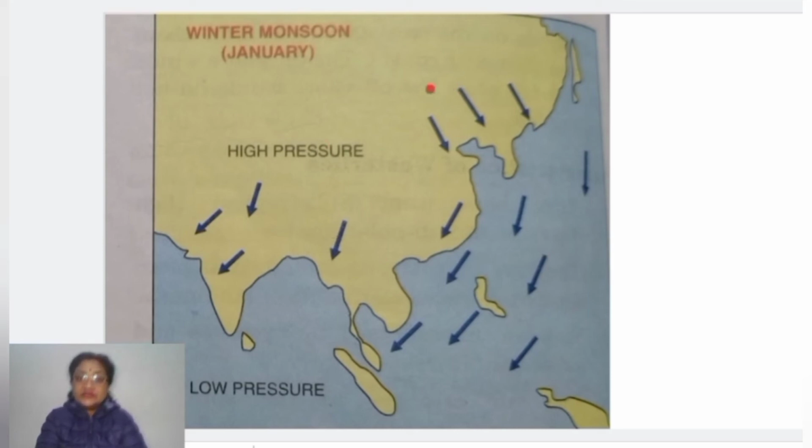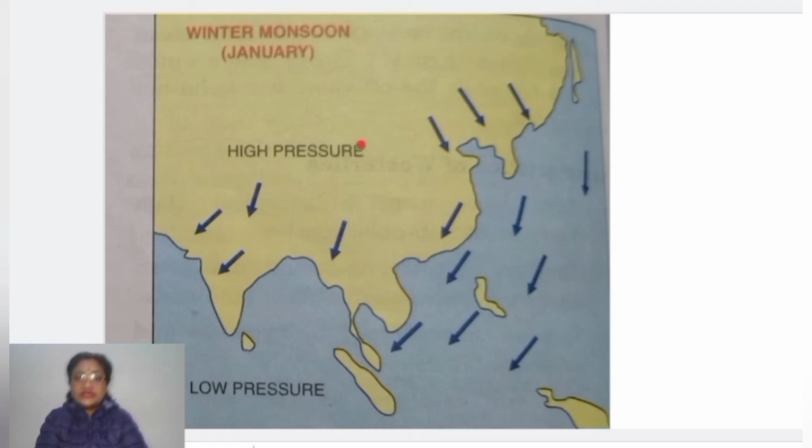As you can see here in this picture, these winds blow from the land, the Asian continent, towards the ocean. This wind is called the winter monsoon, because these winds blow during the period when we have very cold winters in the interior parts of Asia.